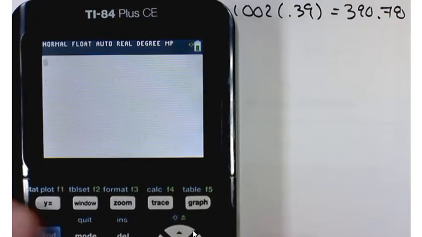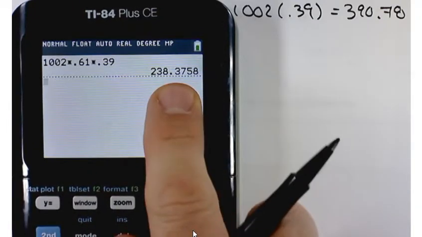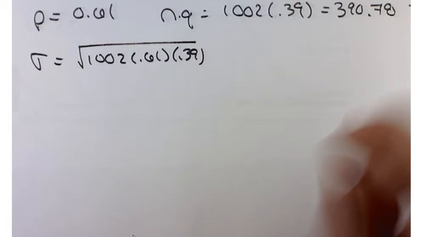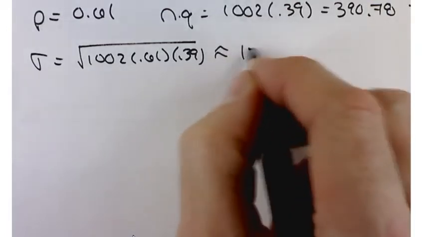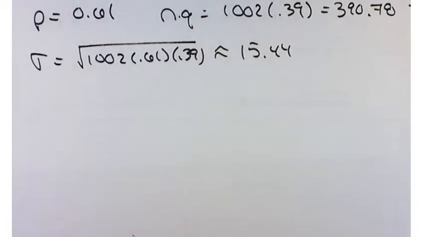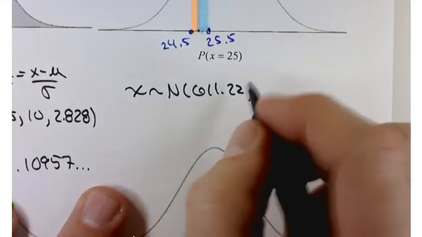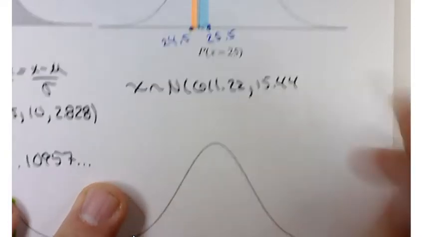But the one thing that I need here that I don't have yet is the square root. So my shortcut is to raise that to the 0.5 power. Fancy way of getting the square root. So I'll just take the square root of your previous answer. And that's about 15.44. That's good enough. So I want to work with a distribution with a mean of 611.22 and a standard deviation of 15.44.